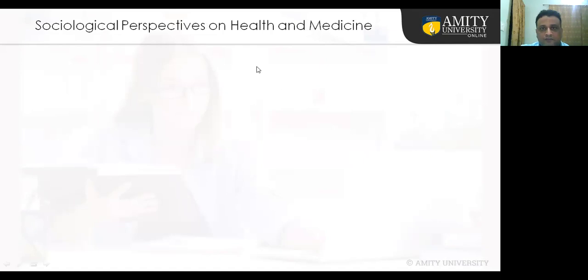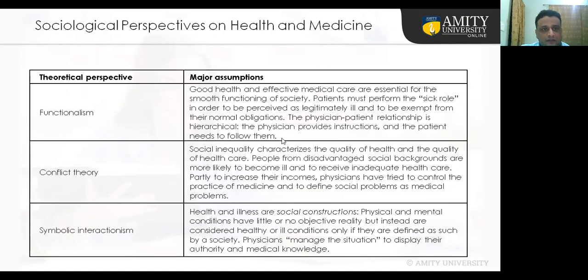The sociological perspective of medicine also talks about different perspectives such as the functional perspective, conflict perspective, and symbolic perspective, and their major assumptions on society. First, we discuss the functional perspective and its major assumptions. Good health and effective medical care are essential for the smooth functioning of society.